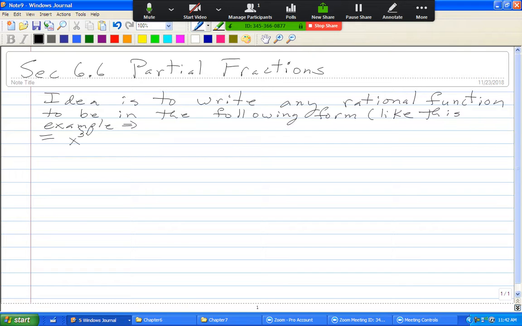So it'd be like some polynomial plus some easy fractions.